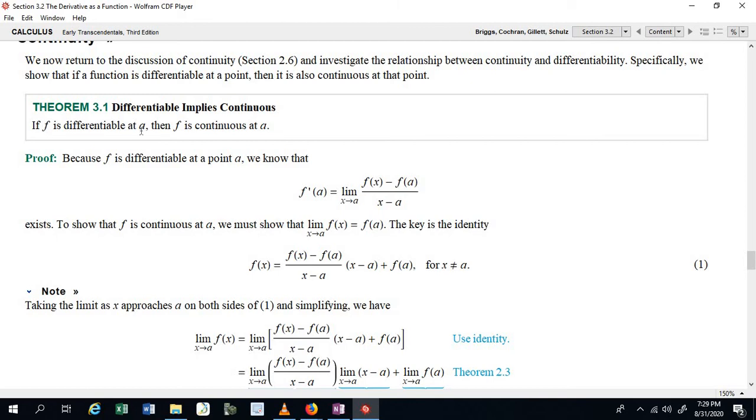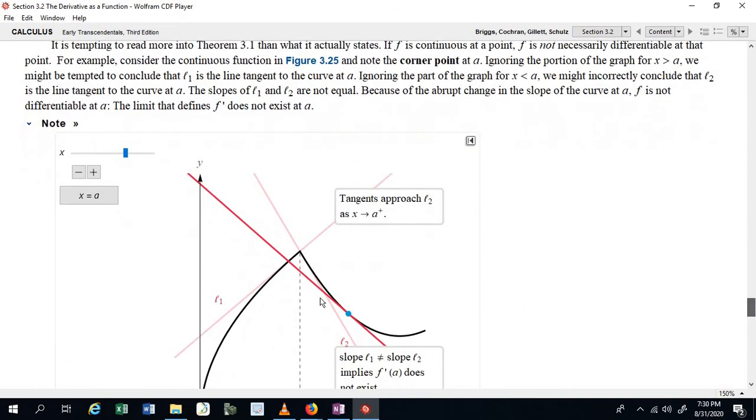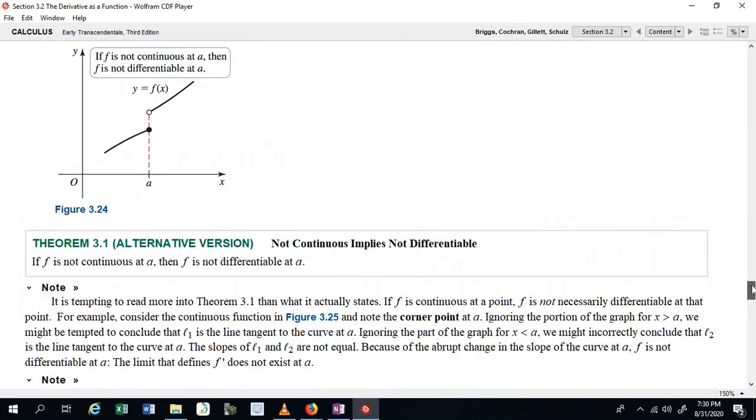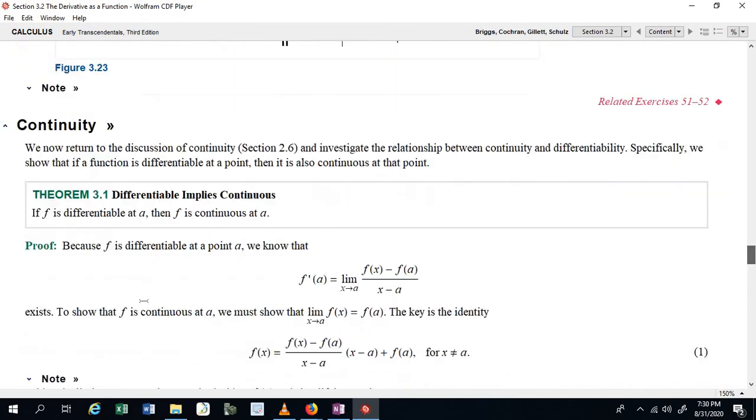If f is differentiable at a, then it forces f to be continuous at a. So it's the stronger condition. Continuity at a is a weaker condition. You can have continuity at a, like you have in this example, but yet you don't have differentiability at a. Okay, so differentiability is a stronger condition. It's harder to satisfy differentiability at a than it is to satisfy continuity at a. And so that's one way to remember this.